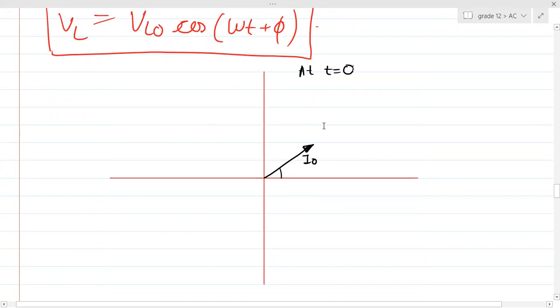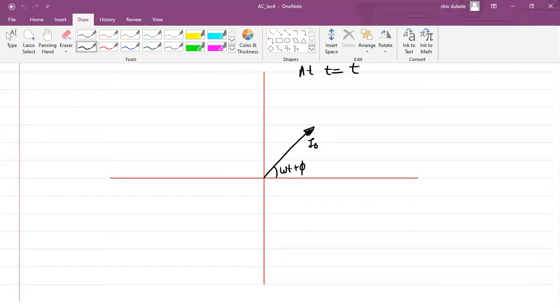Yes, sir. If you don't want phi, let's make it omega t plus phi, okay? So that we'll draw it at, let's say, any general time. If I draw it at any general time, then can anyone tell me what this angle will be? This angle will now become omega t plus phi, right? This is for current. Yes or no? Yes, sir.